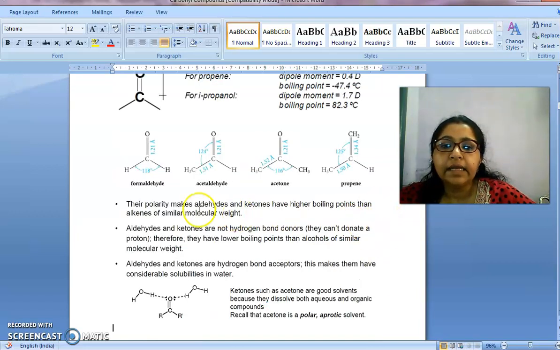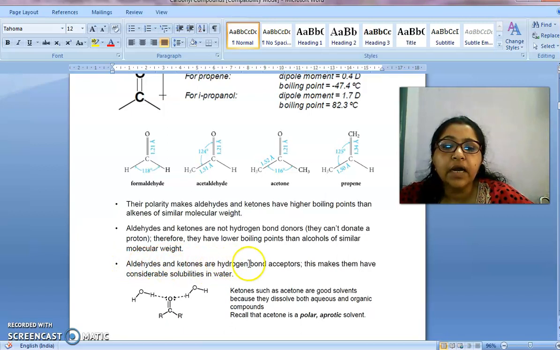Let us look into the next point. Their polarity makes aldehydes and ketones have a higher boiling point than alkenes. This I have already explained. Aldehydes and ketones do not have any hydrogen bond donor; they cannot donate a proton. Therefore, they have a lower boiling point than alcohols of similar molecular weight. This also has been discussed.